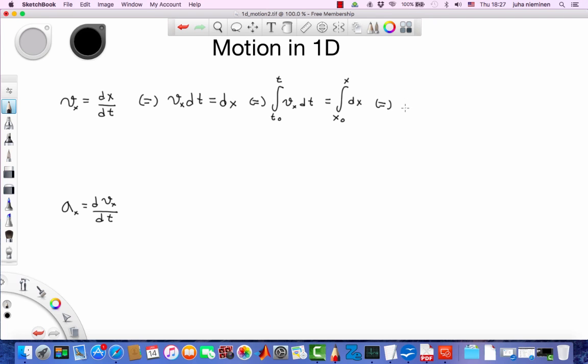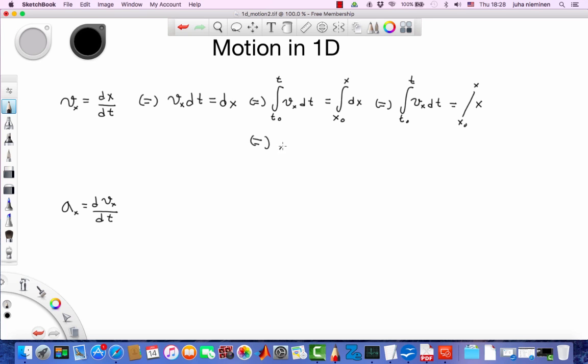So we don't have to do anything on the left hand side, so we just keep it as it is. We can't do anything because we don't know what this Vx actually is. It doesn't have to be constant, it can be changing. But on the right hand side we are just integrating a constant, which is in fact 1. So what we get is x, and if we evaluate this one, let's bring it on the left.